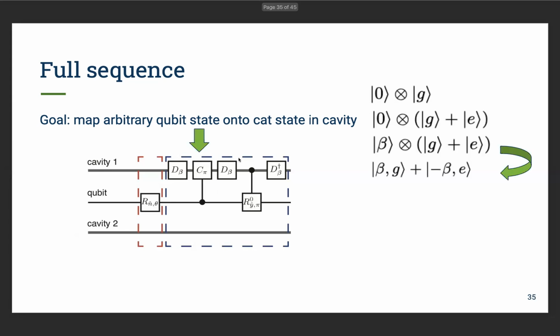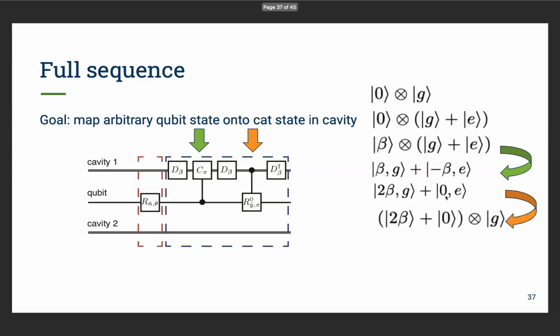But then there's our first conditional operation. So this was the phase shift of the cavity conditioned on the state of the qubit. And so this will put us into this superposition state. And then following this, we can send in a tone to address the cavity that will move us from beta to 2 beta and from minus beta to 0. And then we can apply our disentangling operator. So we will go from this state here.